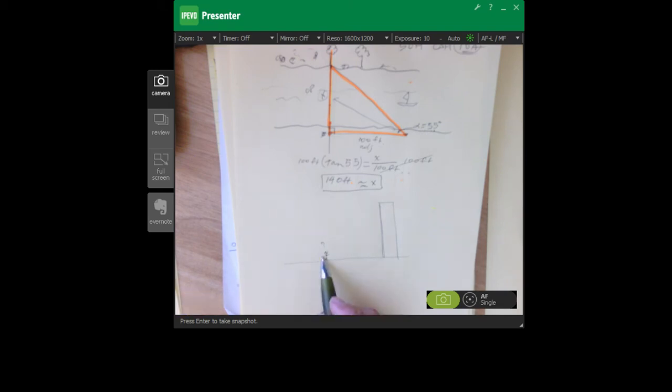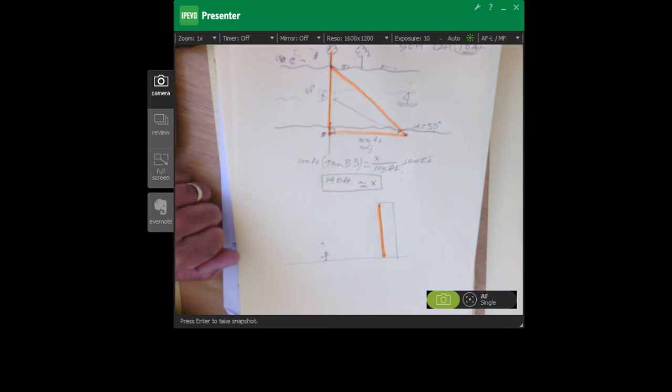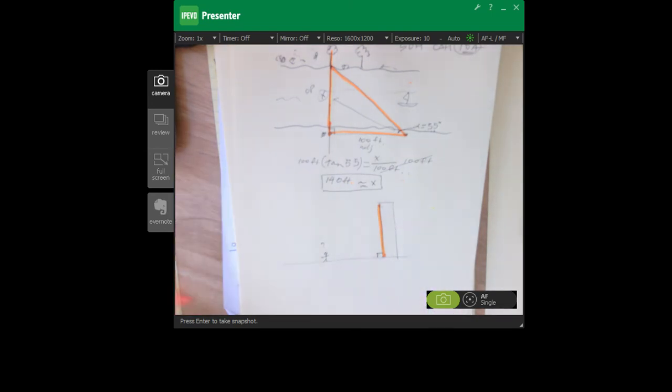Now you're standing here. That's the building there. What do we know? We know there's a distance there. The height that we don't know, but it's straight up and down. If you look at how it meets the ground, there's a 90-degree angle. And you're standing over here looking up at it.